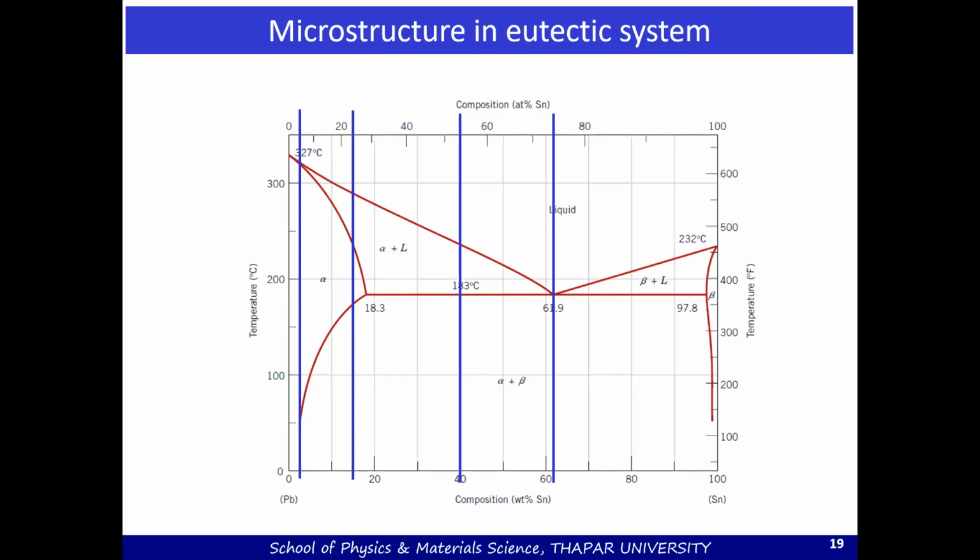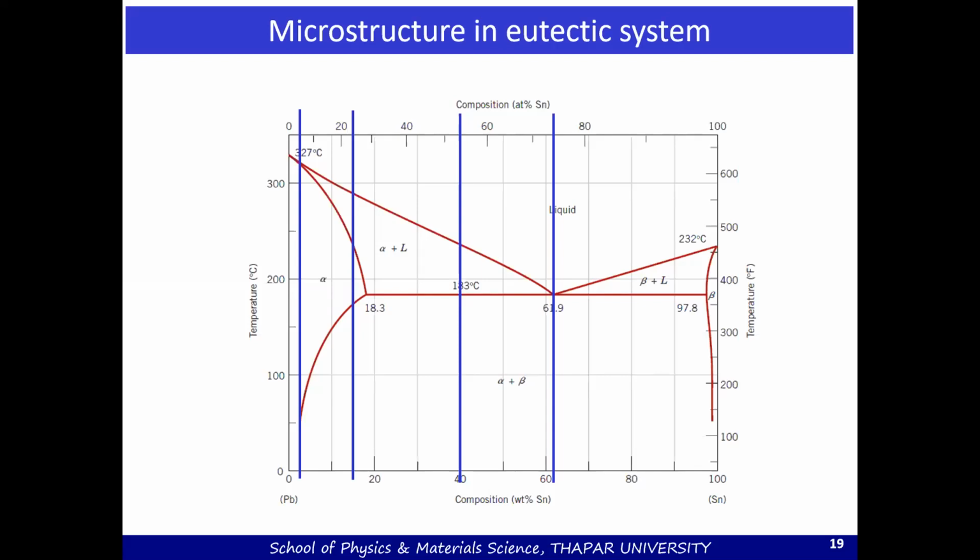The difference in the final product is, in case of equilibrium cooling, we have a homogeneous solid, while in case of a non-equilibrium cooling, we make a final product which has a cored structure.